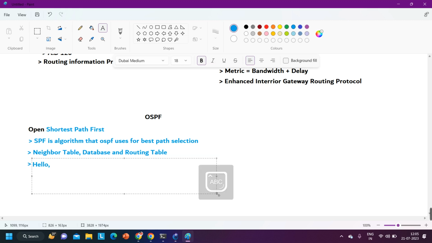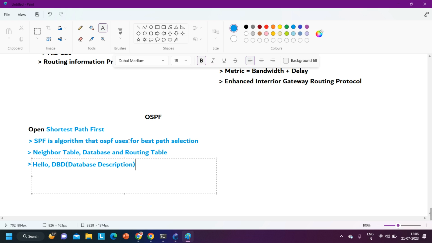After that we have DBD, database description. I will make you understand; don't worry about what DBD is and how routers exchange DBD. I am just giving you an overview of OSPF now. We have not discussed these things yet, I know.